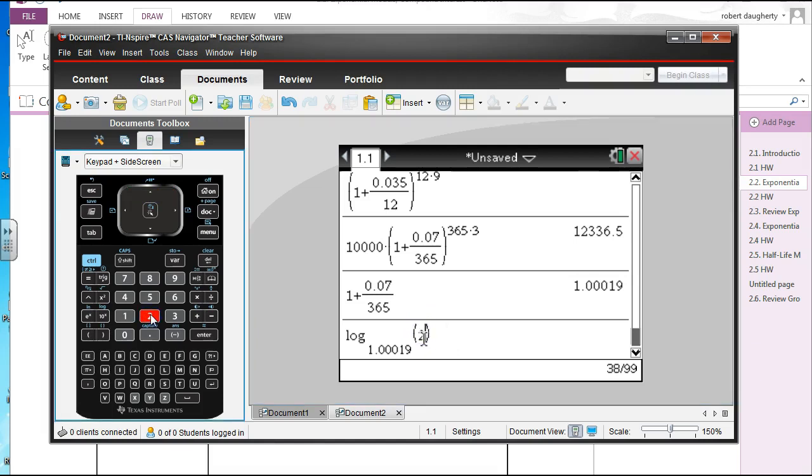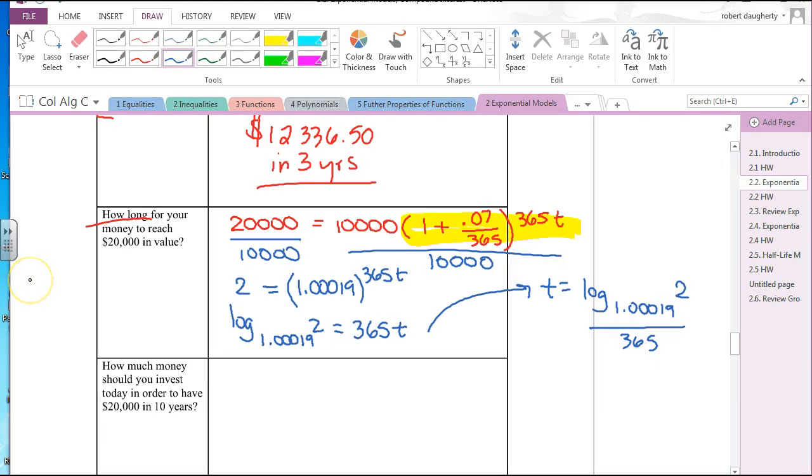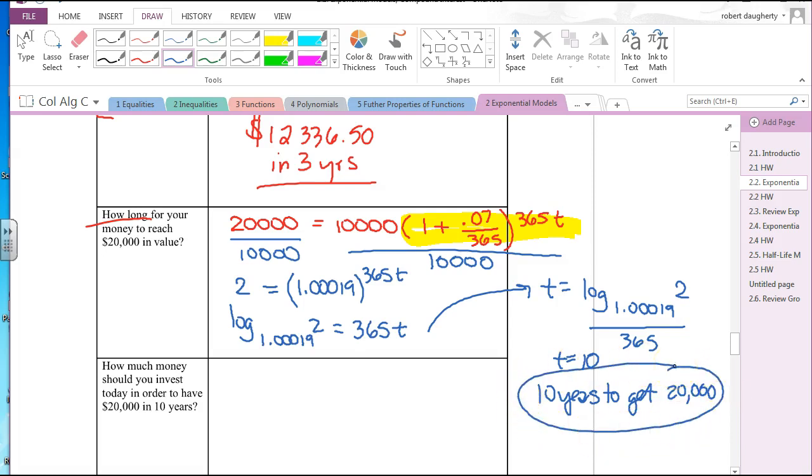No, 2. 2, and then that is divided by 365. Okay, so that is what? 9.995, or really it's what, 10? You know, so this is 10. So t is equal to 10. What does that mean? It's going to take me 10 years to get to $20,000, okay, in that investment, or 10 years to double my money, okay?